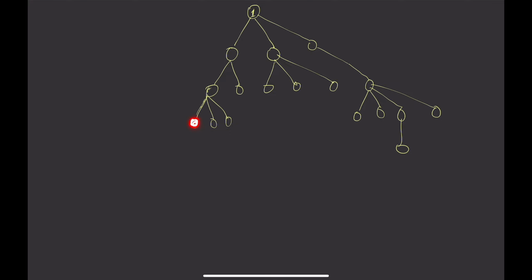Pick any node and run a BFS from here, and find the farthest node, which is here, and from this node again run a BFS. Let's say this node I picked initially and ran a BFS.